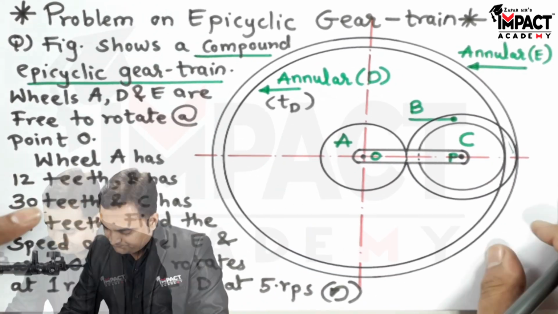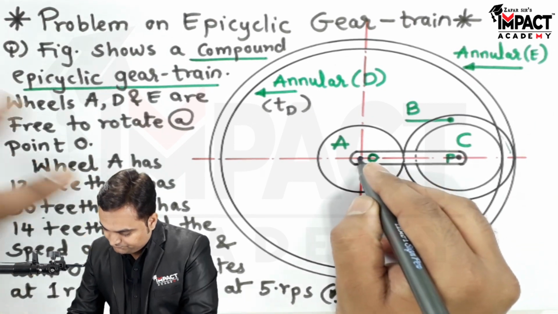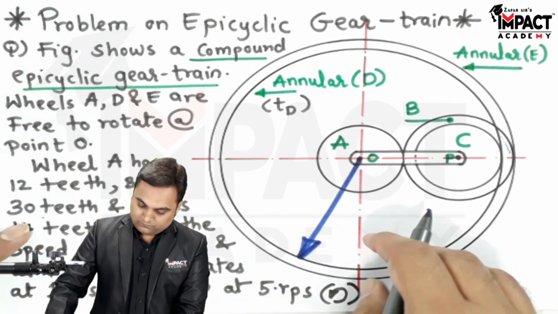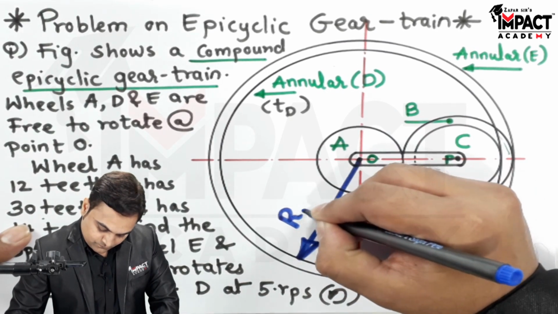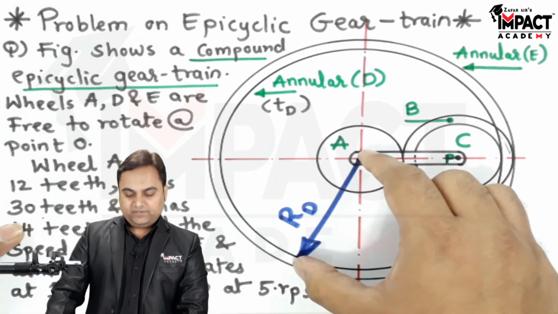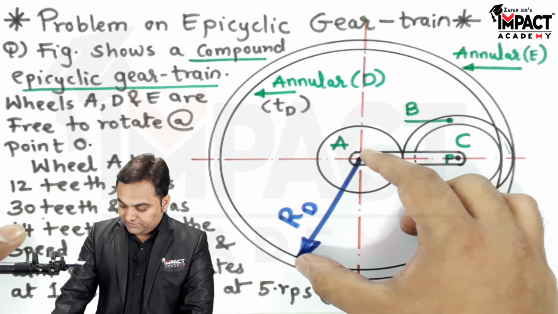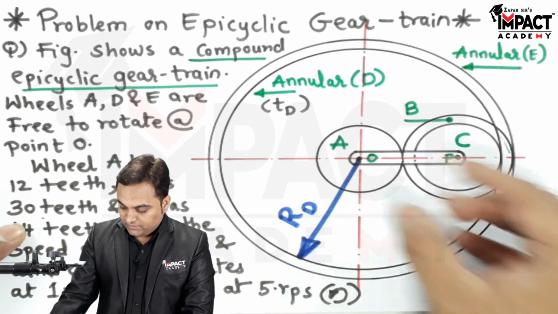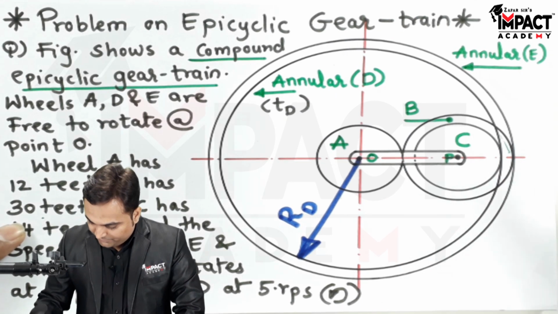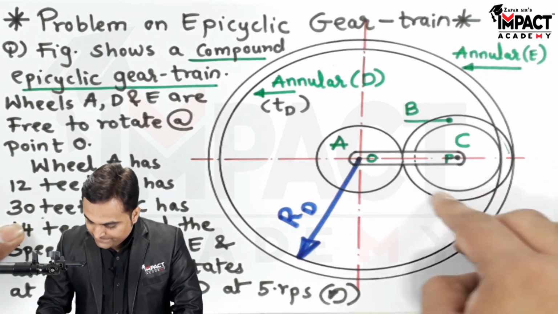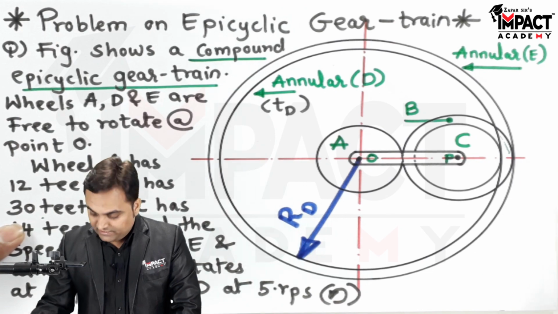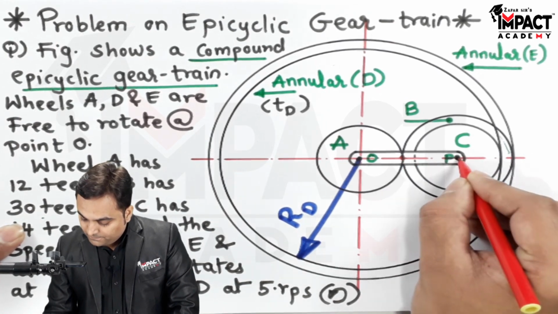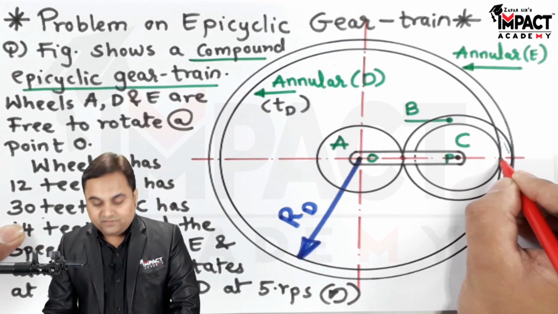I'll just show it over here, the radius of this annular D. Now this radius is made up of radius of A, as we can see here, plus on one side we have radius of B plus the radius of C.